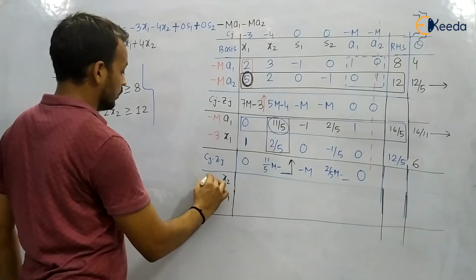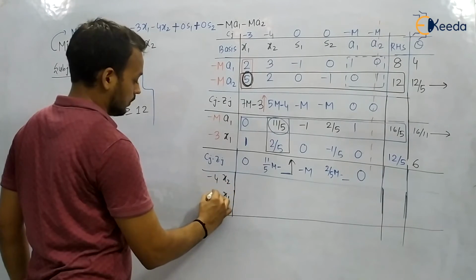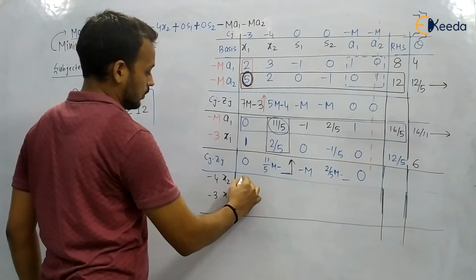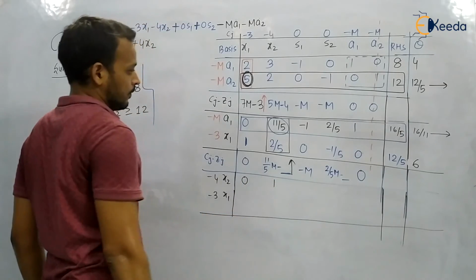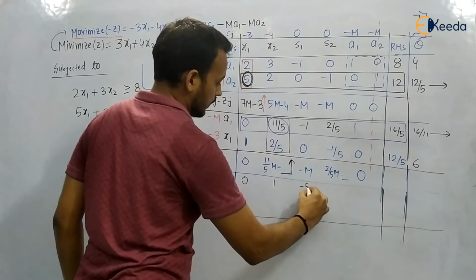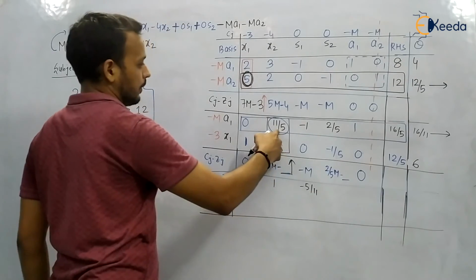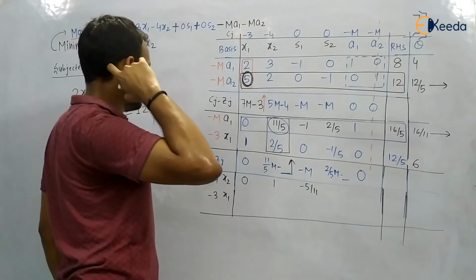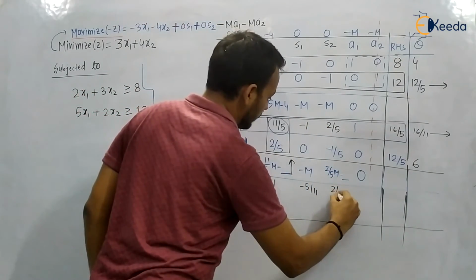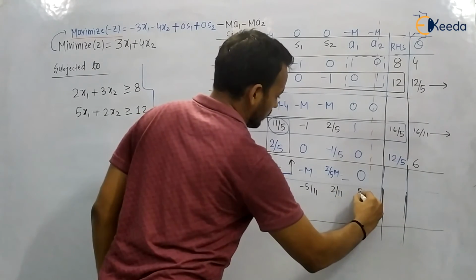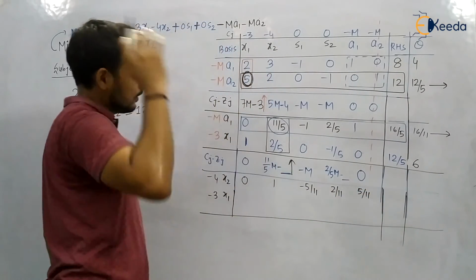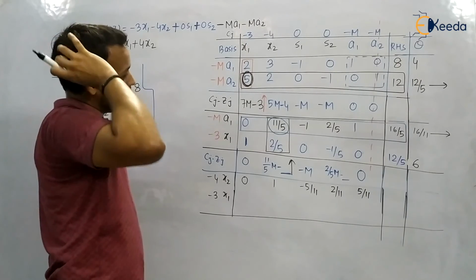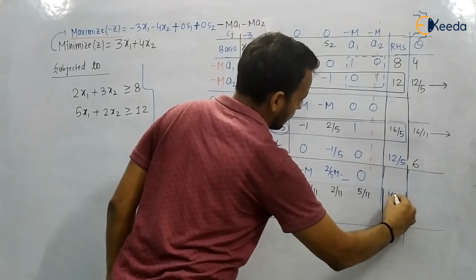You can put here values. This is minus 4, this is minus 3. So this is going to be 0, this is going to be 1, and this is going to be minus 5 by 11. 2 by 5 upon 11 by 5, it is going to be 2 by 11, and it is going to be 5 by 11. It is going to be 16 by 5 upon 11 by 5. This is going to be 16 by 11.